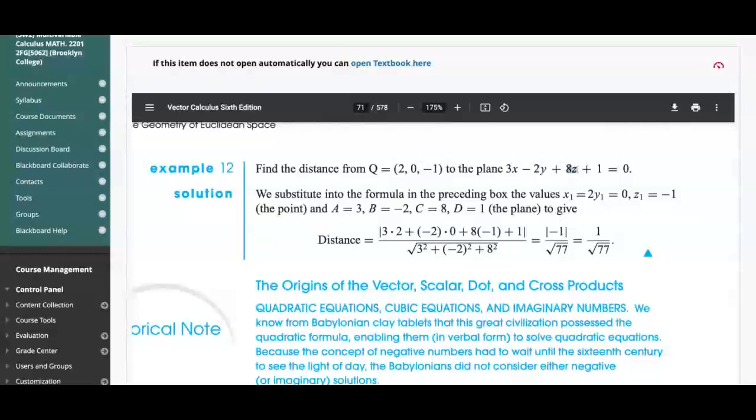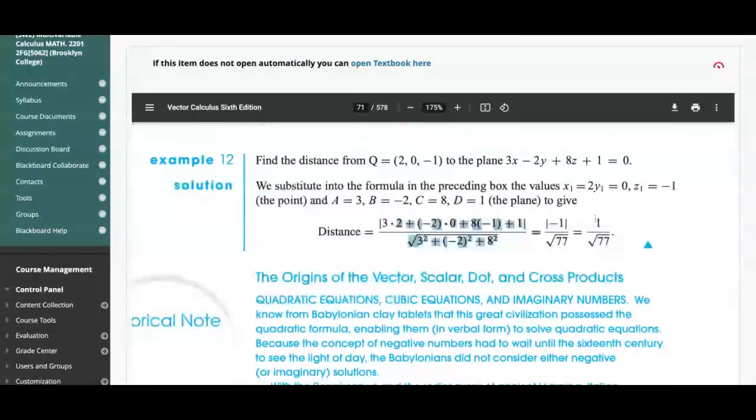Then negative 4z, negative 2, that's negative 10. Plus 1 is negative 9. Of course, negative 9 is not 0, so this point is not on this plane. That means we can find its distance. We just plug into the formula to get its distance.